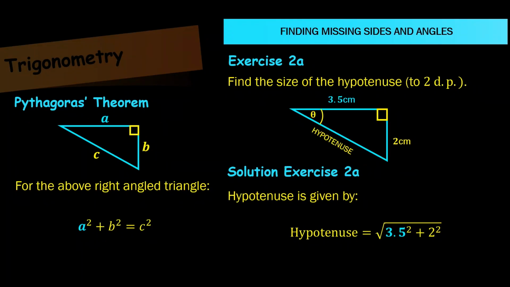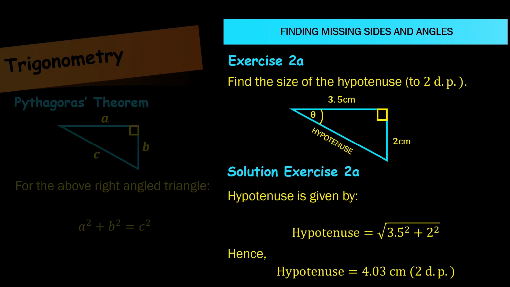And here's our side a, 3.5, and here's our side b, in other words, the value 2. Calculating this gives us that the hypotenuse is 4.03 centimeters to 2 decimal places.